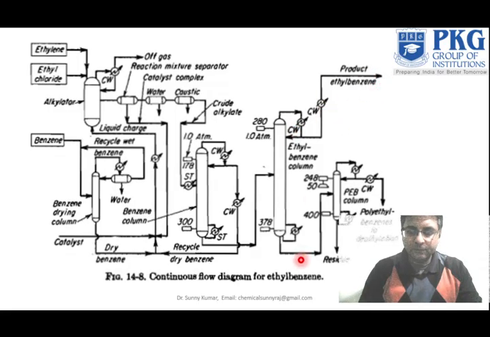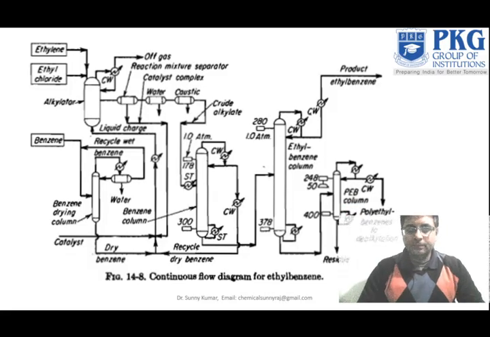From the bottom you get the residue, and from the top polyethylbenzene goes back to alkylation. This is the PEB column, the polyethylbenzene column.